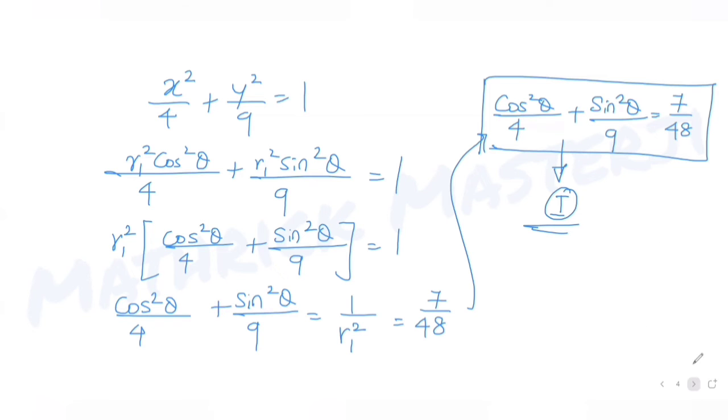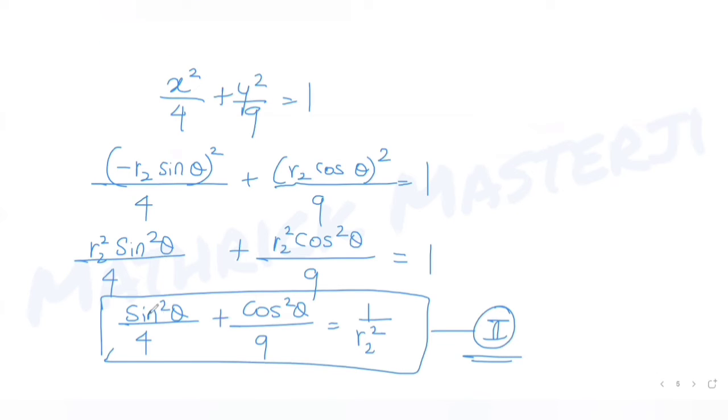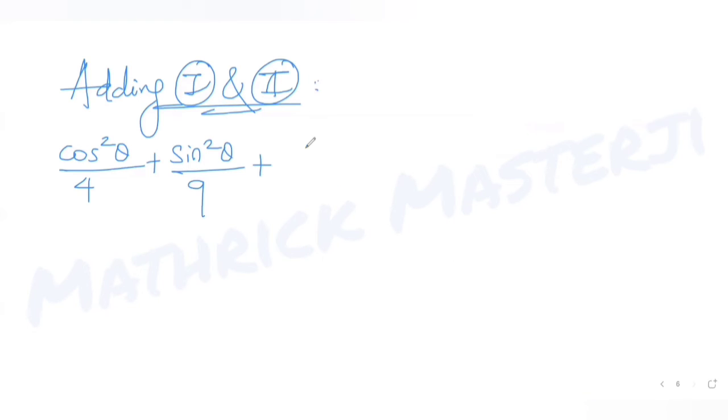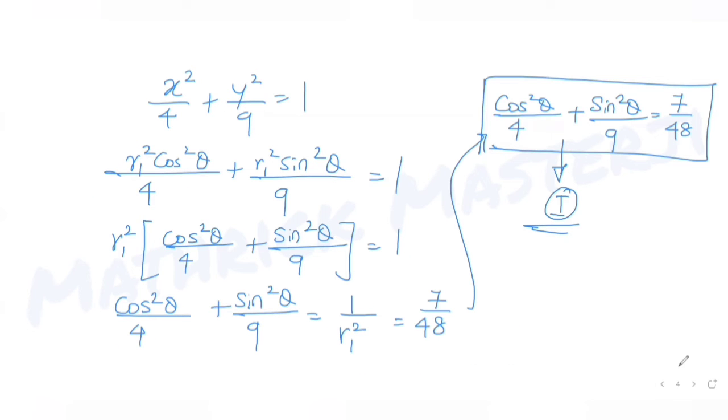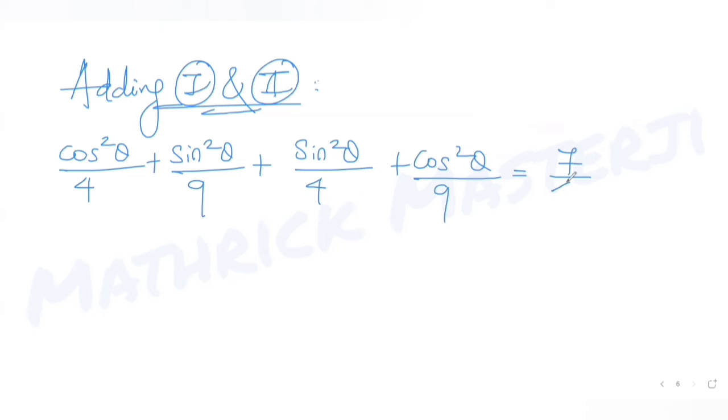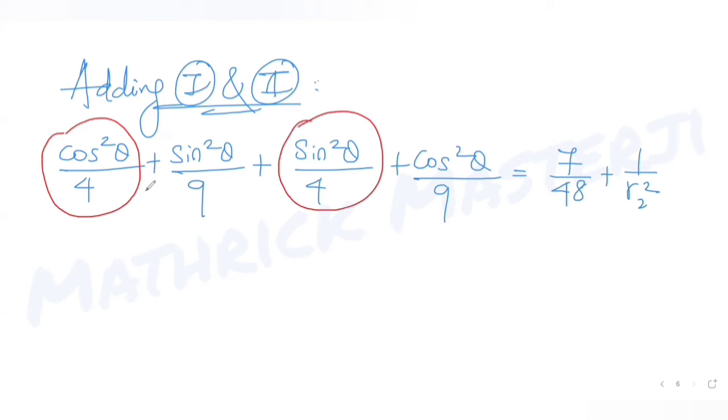Adding equations 1 and 2: cos square theta over 4 plus sine square theta over 9, plus the second equation, sine square theta over 4 plus cos square theta over 9, is equal to 7 over 48 plus 1 over R2 square. So from this I get cos square theta over 4 plus sine square theta over 4, so 1 over 4 common.